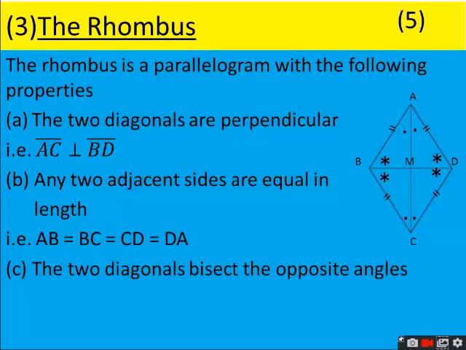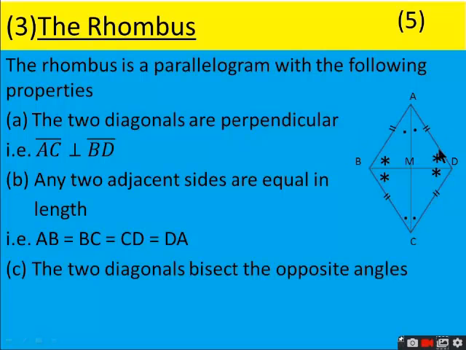The second property is any two adjacent sides are equal in length. That means length of AB equals length of BC equals length of CD equals length of DA. That means the four sides are equal in length.